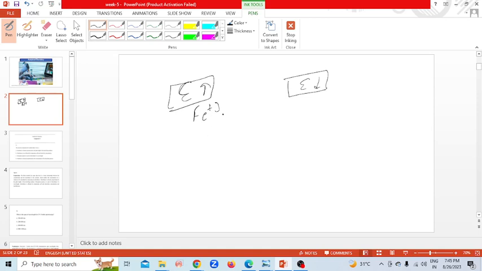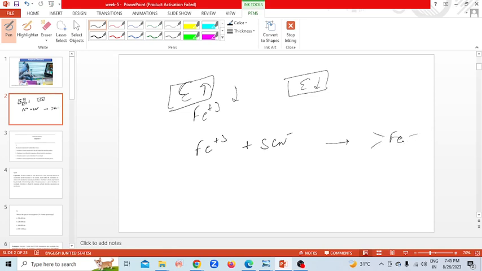Generally Fe plus 3, if it precipitates as a hydroxide, will also give a reddish brown color, but the epsilon value of this transition is not very good. So what we will do is add thiocyanate, SCN minus.